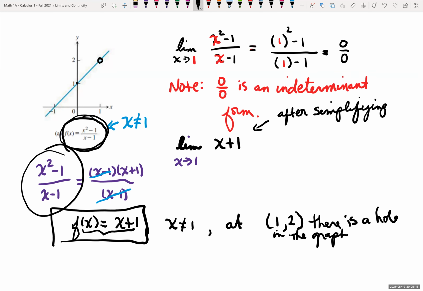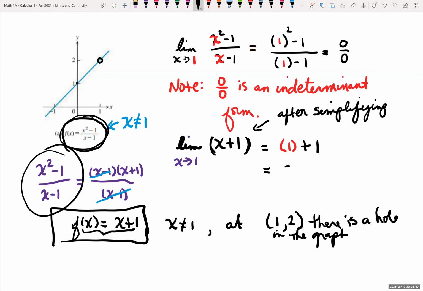And so now if I look at this limit as x is approaching 1 of the function x plus 1, and I just went in and did my direct substitution, notice that wherever I see an x, I'm going to plug in 1. I get back a number. I don't get that indeterminate form anymore.